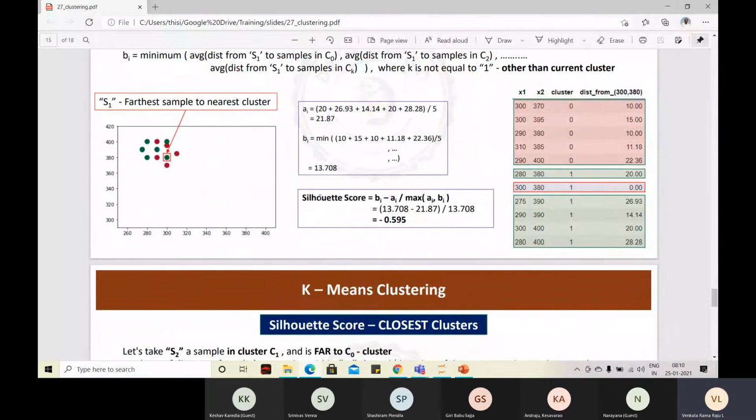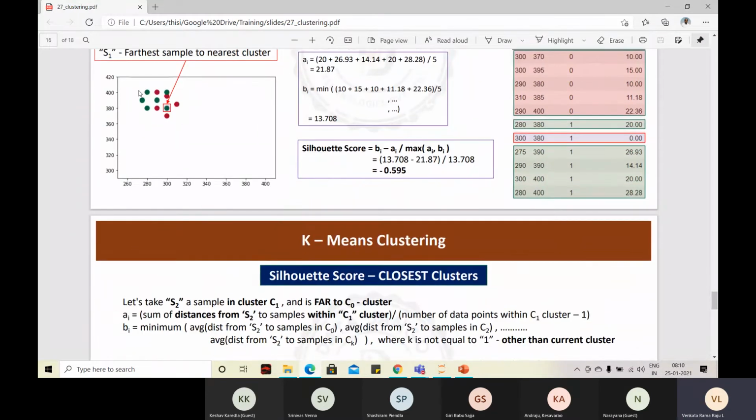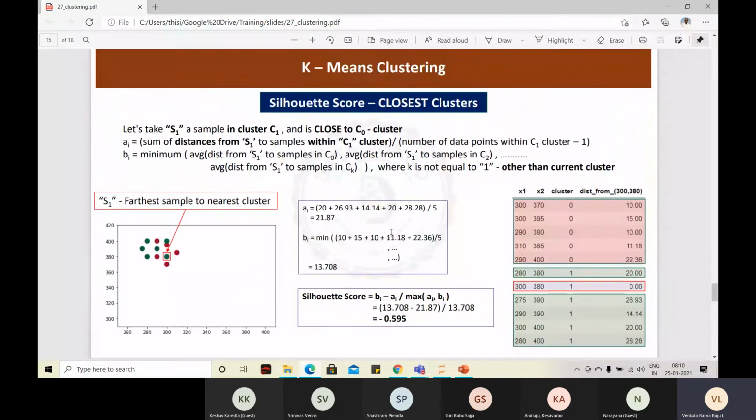Or negative also. Sometimes, if there is too much overlapping, many of these data points' silhouette scores will be negative, and maybe these 3 points will get positive, but most probably it will get negative. If the total average score is negative, that means all clusters are overlapping, right?